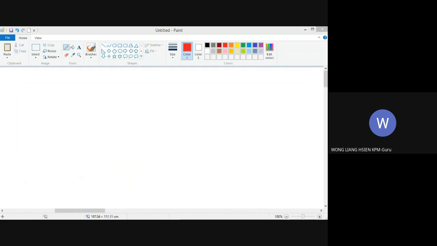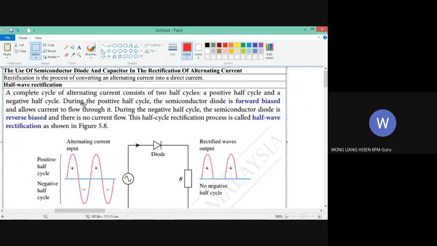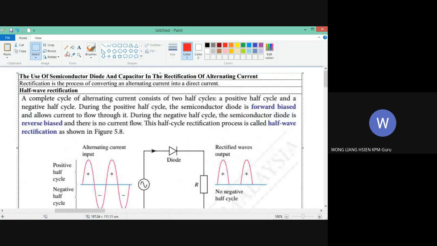So the application here is we use the diode as a rectifier. A rectifier is a device that can convert alternating current to direct current. So rectification is a process of converting an alternating current into direct current.